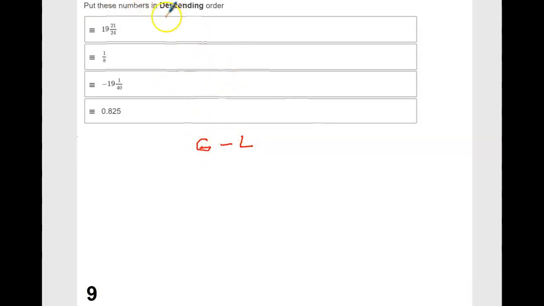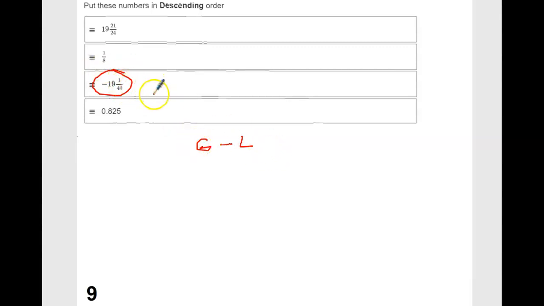So if I'm going greatest to least, I can see I've got a negative number and then the rest are positive. So I do need to change everything to a decimal, but one thing that I always know is that negative numbers are less than positive numbers. So this negative number, I know is going to come last because I'm going greatest to least.